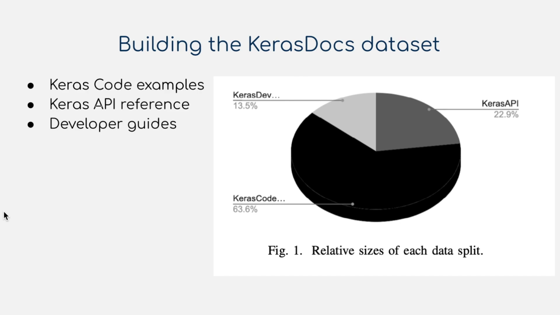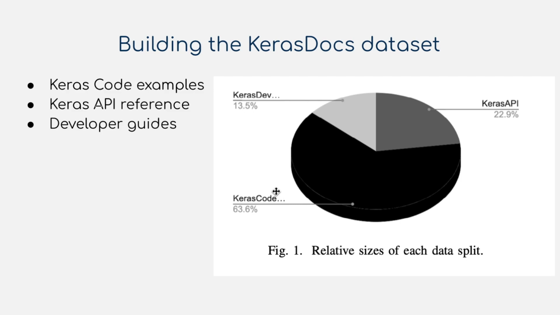So we start off with the keras.io website, and we scrape the Keras code examples, which make up about 64% of our data set, the Keras API that describes the different classes and methods in the classes for all of the different layers and models and optimizers contained within the Keras deep learning Python framework. Then we have Keras developer guides.